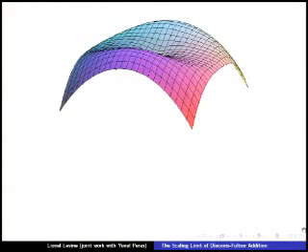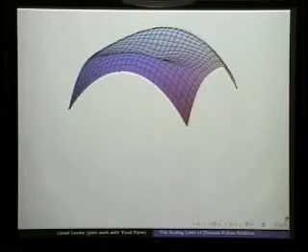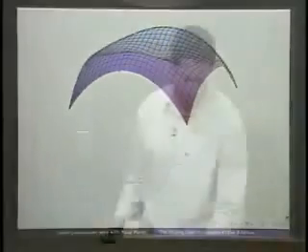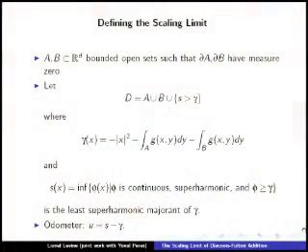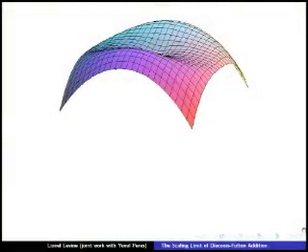Just to give a little visual intuition for this, here's a graph of the obstacle, that's this gamma, when A and B are two overlapping disks in the plane.